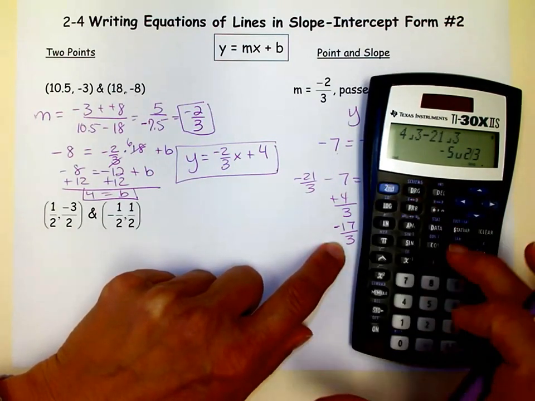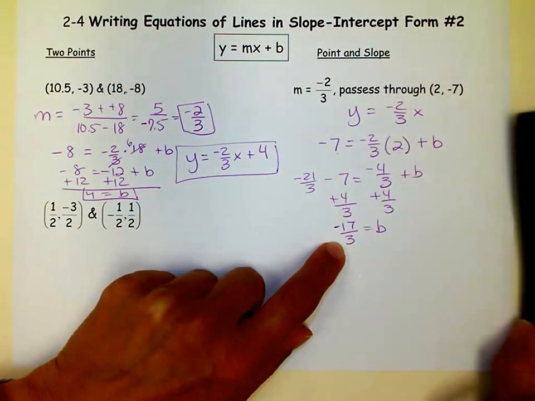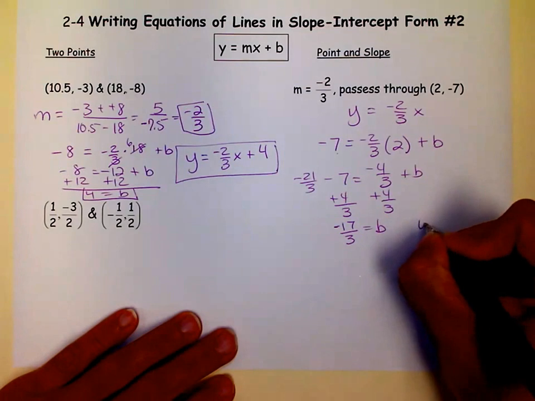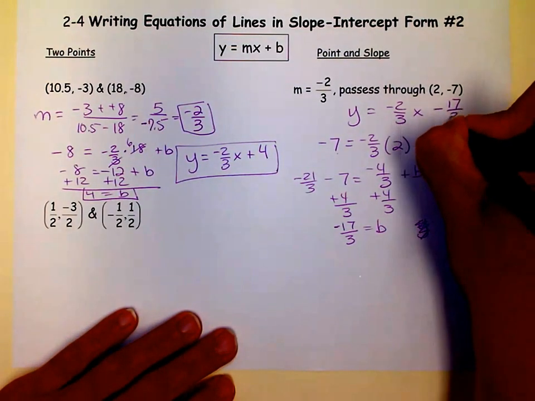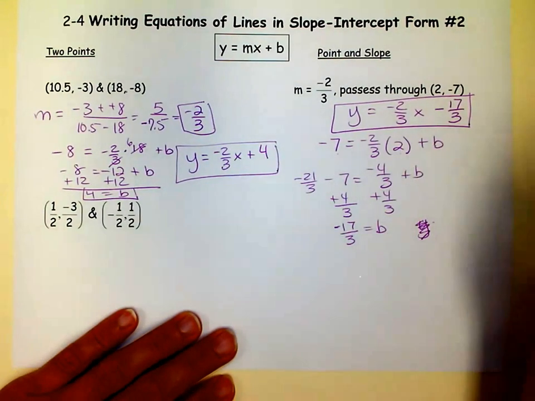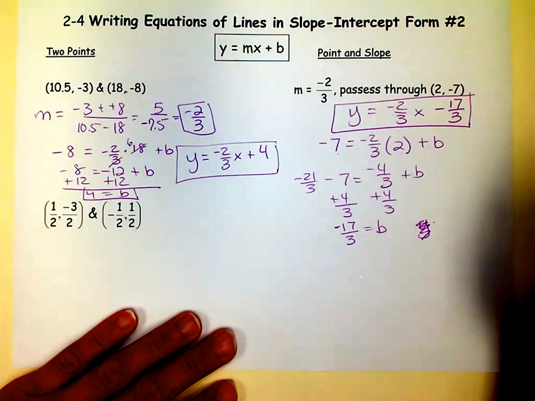And that's negative 5 2/3, and if you change that to an improper fraction, you get negative 17/3. Either way works. Whatever you're more comfortable with. So, we already wrote it up here. So now I just put that in, negative 17/3. And it's in slope-intercept form, because when y is alone, it's in slope-intercept form.